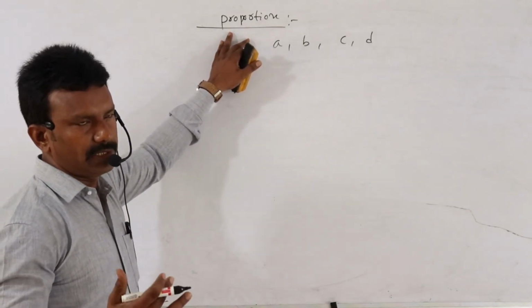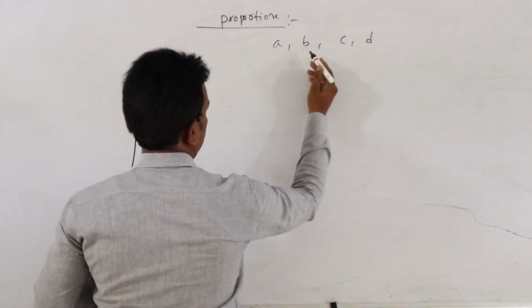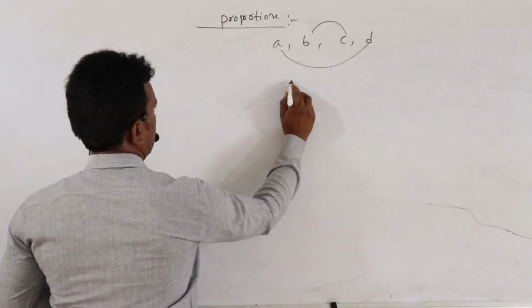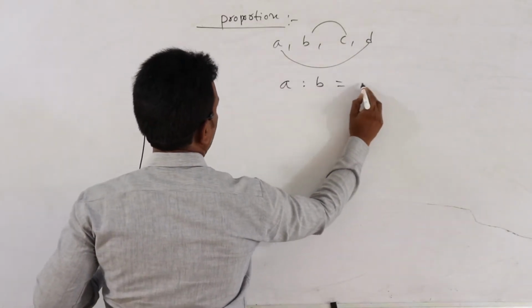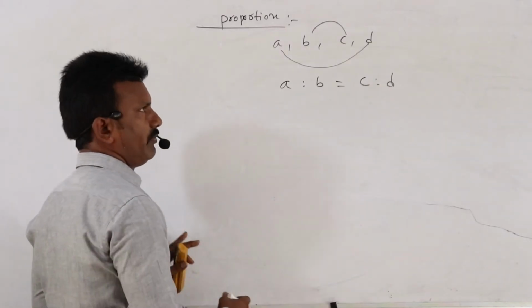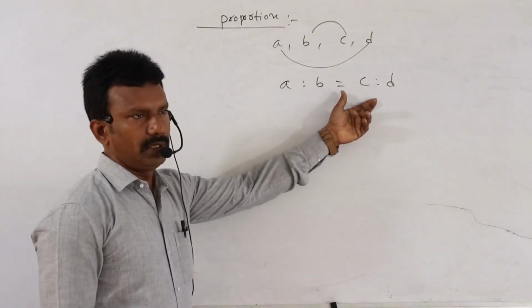We form a condition: product of extremes equals product of means. That means A is to B is equal to C is to D. So simply, we define that two ratios are equal.